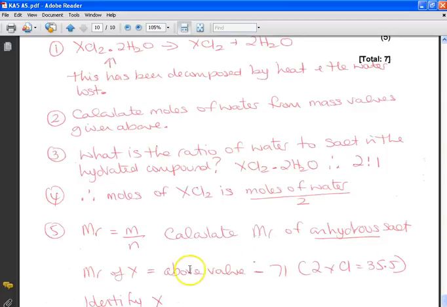So we need to take that away from the value that we've calculated here, which is the molar mass of the whole salt, minus 71, which is our 2 chlorine atoms. Once we've got the molar mass, we can identify X, which, quickly looking at the mark scheme, was barium.